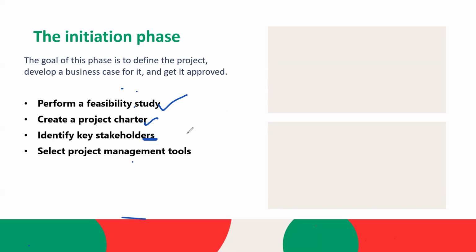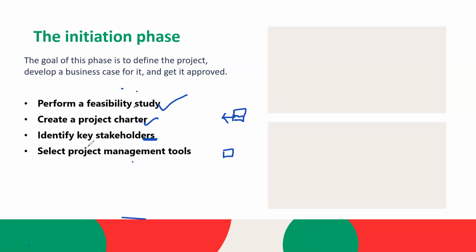Identify key stakeholders. Let's say we have a database team, on the client side, who will give all the database related things, what fields will be in that particular table, what all they need.